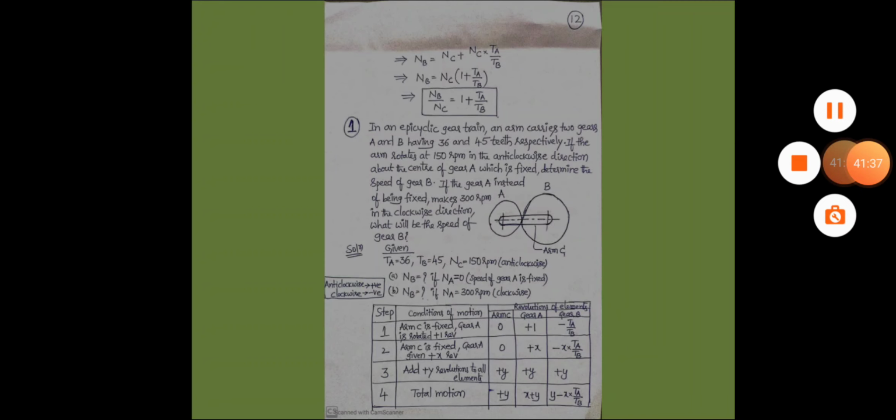Therefore, just for understanding purpose, I explained both methods, but please remember we have to follow the tabular method, especially with respect to epicycle gear train problems, as it is the easiest method. Students, just remember only the tabular method, whatever I told.